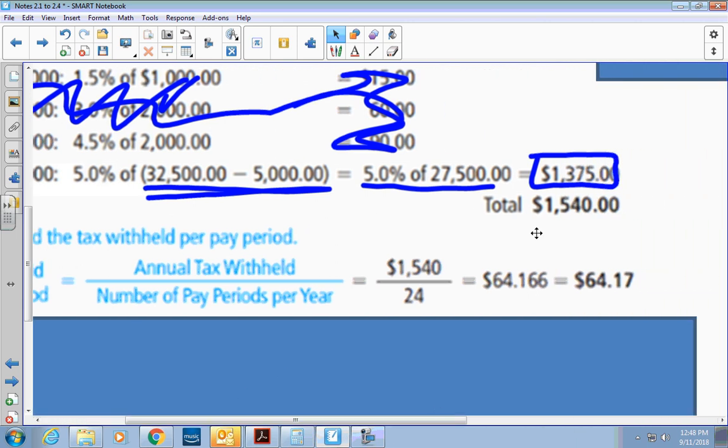I did this last period too. So take your total, 1,540, when we add the 1,375 to the 15 to the 60 to the 90. Divide out by 24 because it's how much comes out of his paycheck. So every paycheck for state taxes, he has $64.17 taken out.